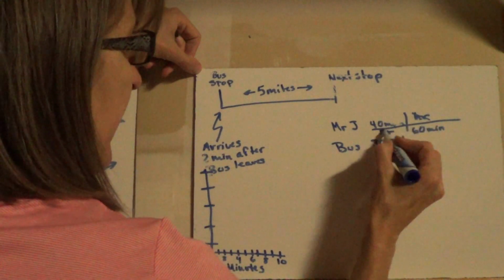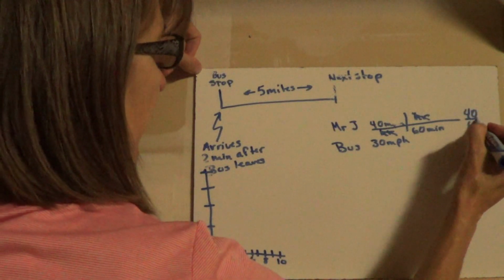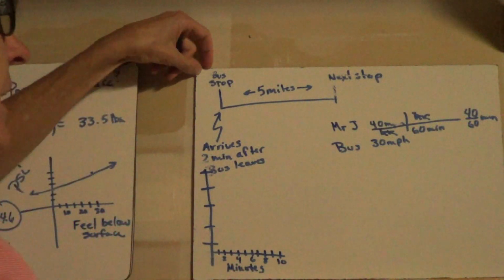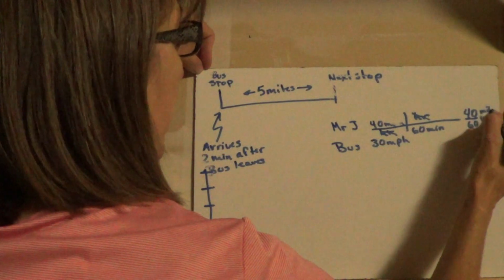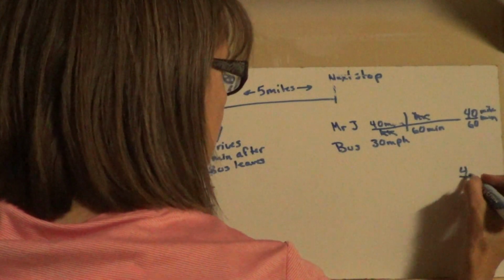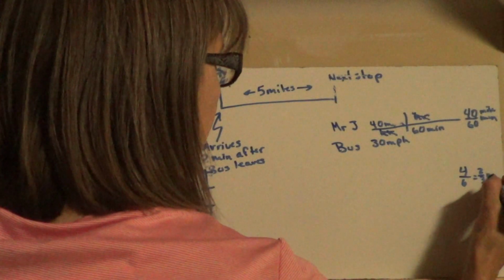So our hours will cancel and it'll become 40 over 60 minutes. Okay? And that's miles per minute, I should say. Miles per minute. So it's about 4/6 or 2/3 of a mile per minute.